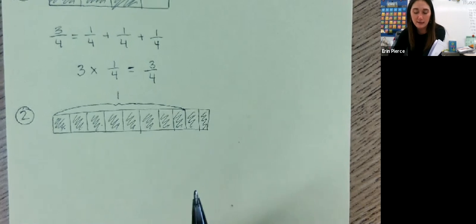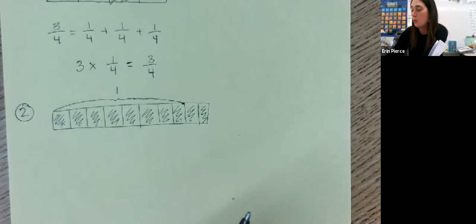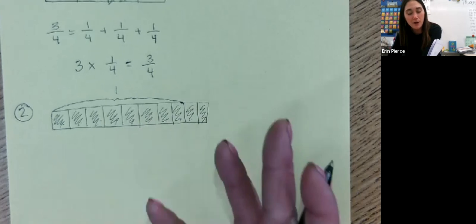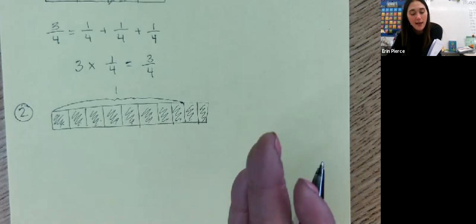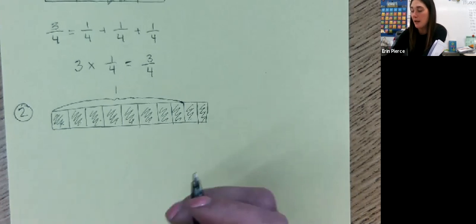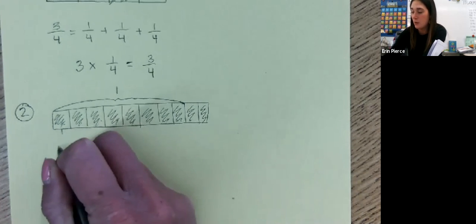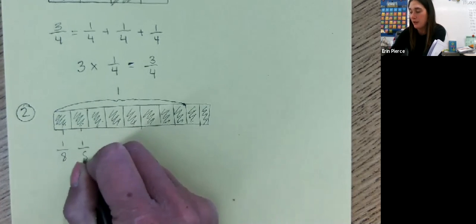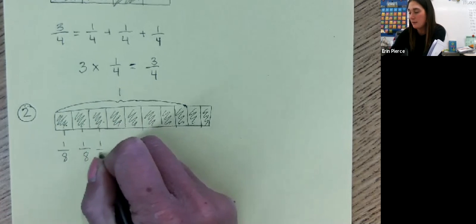If I have 8 equal parts in our one whole, that means each part is equal to 8ths, okay? So that would mean that my unit fraction is 1/8. So underneath each one, I would like you to put 1/8.